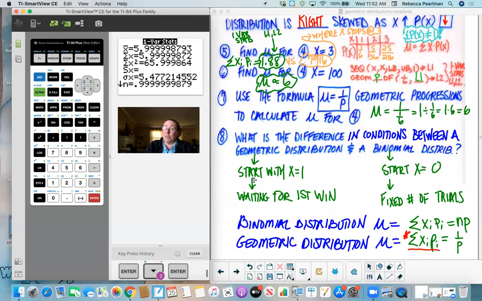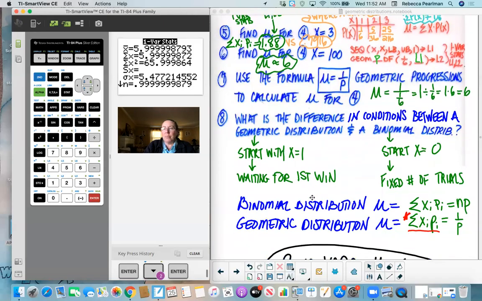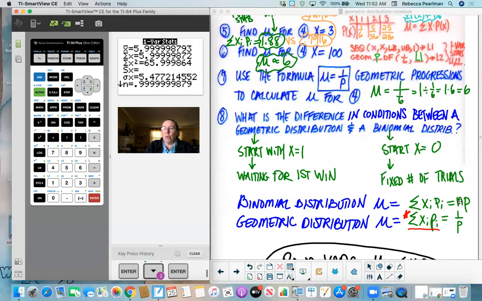For geometric, we saw that we started with 1, not 0, because you need at least 1 trial to have a success. For binomial, we start with 0. For binomial, we have a fixed number of trials. For geometric, we're waiting for our first win. So here are shortcut formulas for the mean of a binomial and the mean of a geometric.